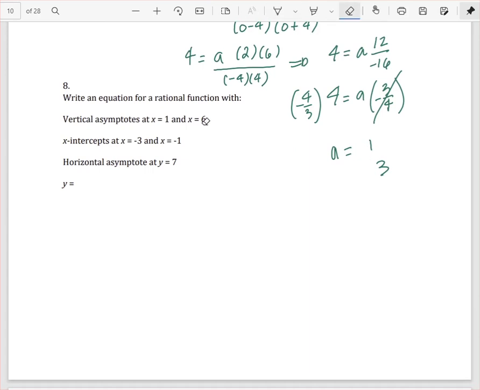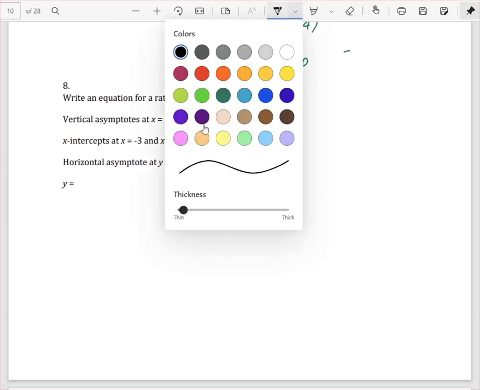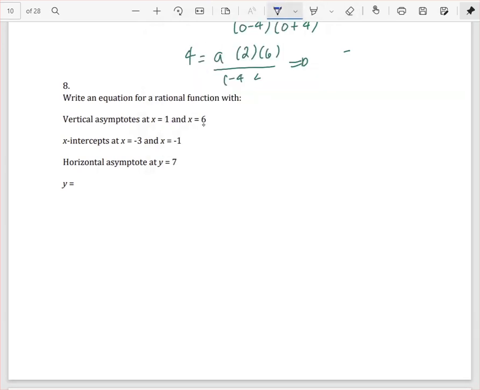Now let me erase this so that we can work on the next one. Either way, like I say, you already have all of those worked out on the worked out notes that I posted. Okay. The vertical gives us the bottom, so the bottom will be x minus 1, x minus 6.